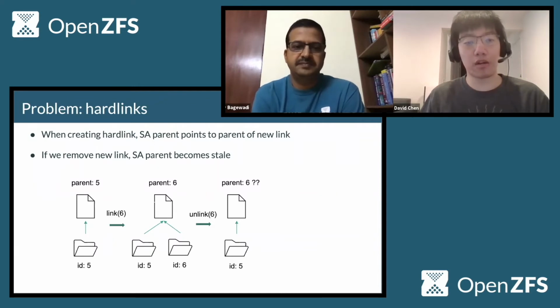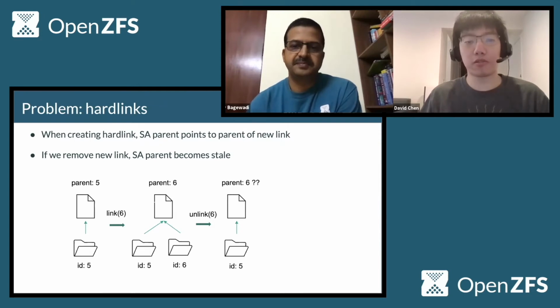If you make a hard link to directory ID 6, now you have two directories pointing to the same file. What the current ZFS code does is that it always changes the parent ID stored in the dnode to the new parent, the new hard link you created.